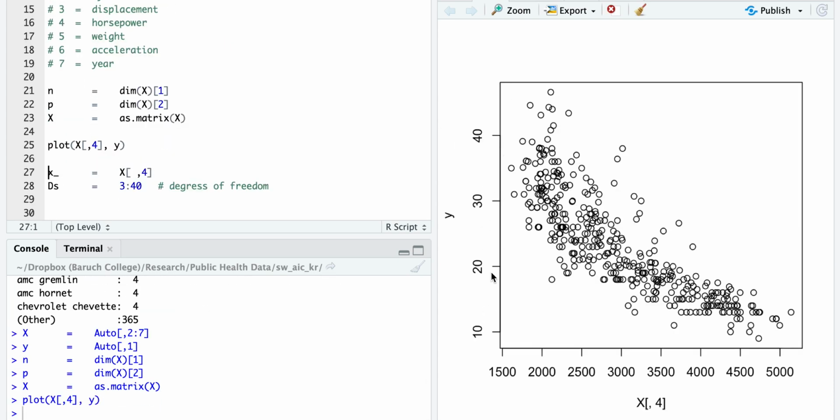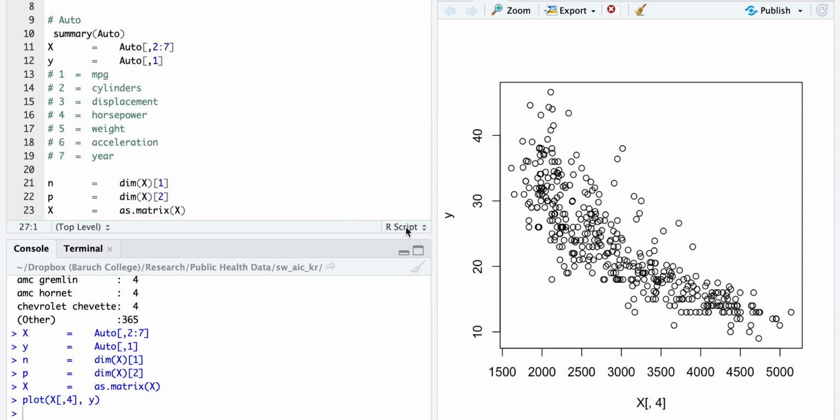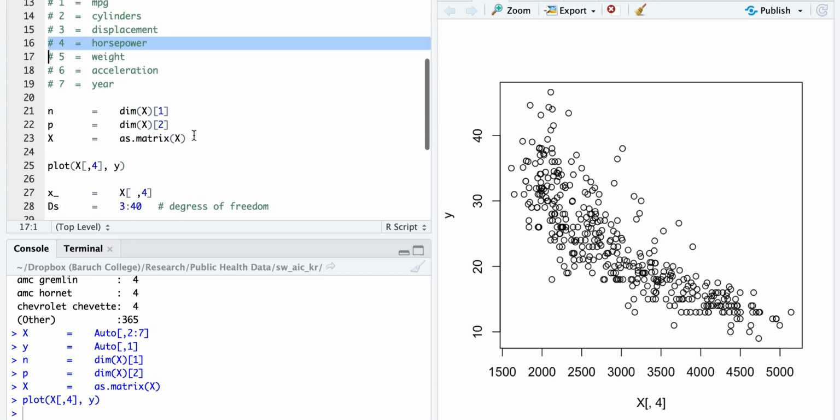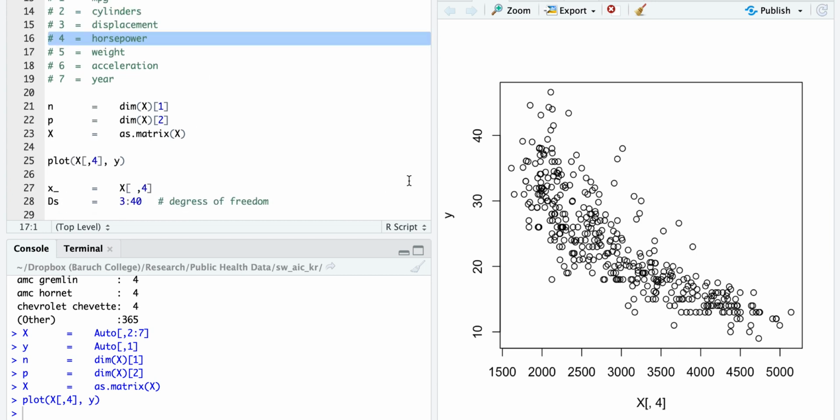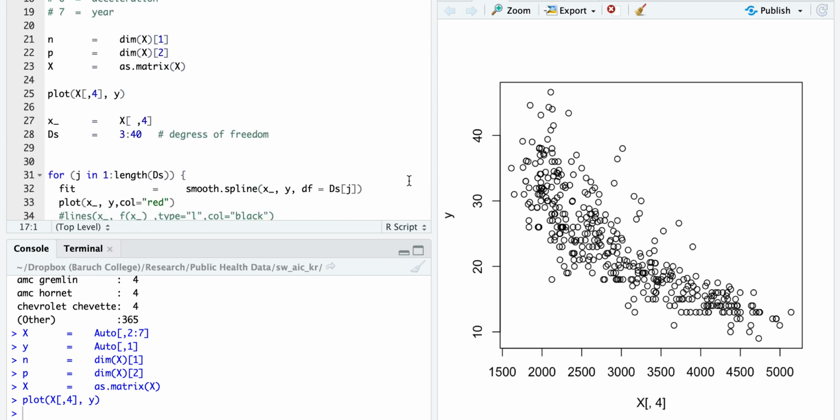Okay, so the vertical axis is miles per gallon, and the horizontal axis is horsepower, and we want to see what that relationship is. So that's the example.